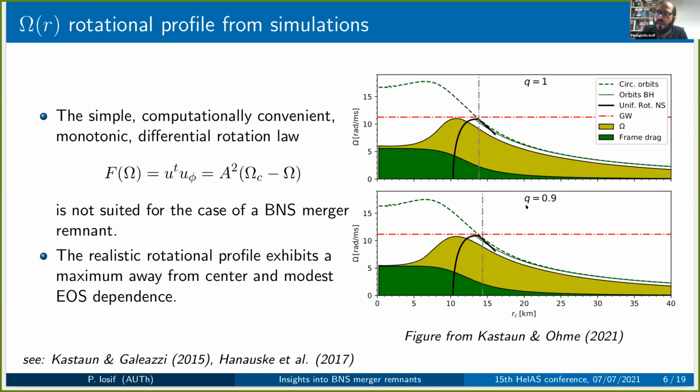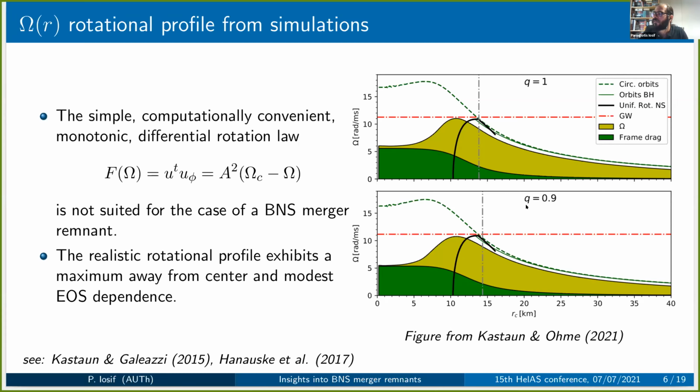So the first ingredient, let's say, is thinking about the differential rotation law. Numerical simulations have provided information that the rotational profile actually exhibits a maximum, which is away from the center. And this only mildly depends on the equation of state.